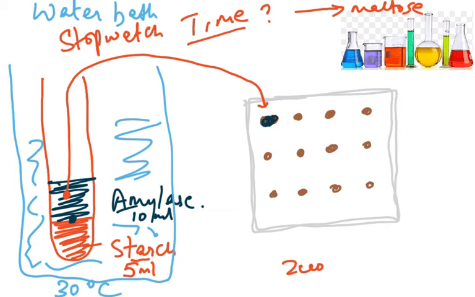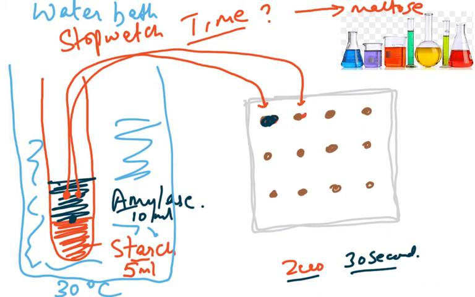This means starch is present. Now after another 30 seconds, first we took it at 0 as soon as we mixed it, then we take it after 30 seconds and do the same thing. We take a drop and mix it with the next drop of iodine, and the color is black.